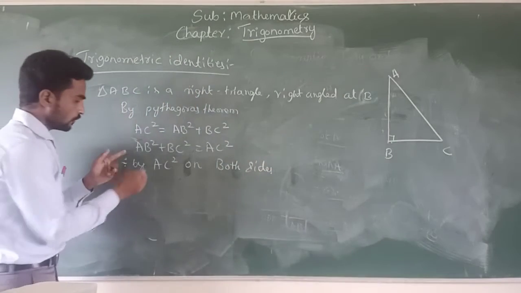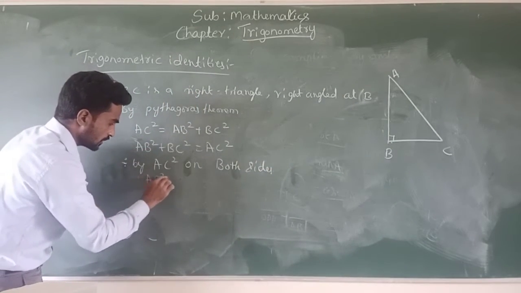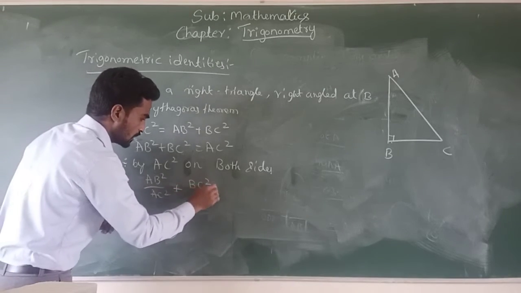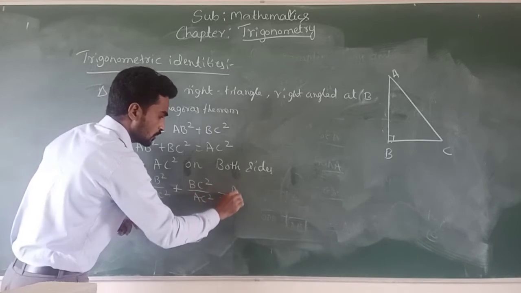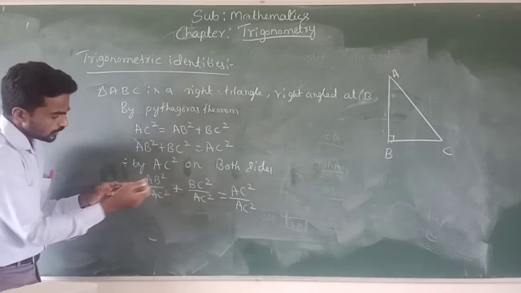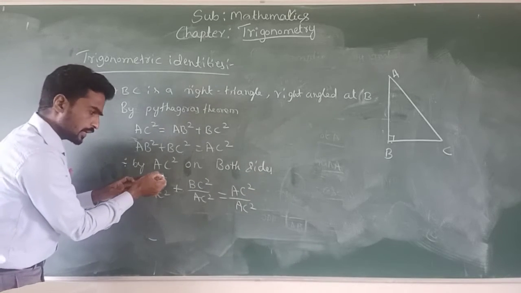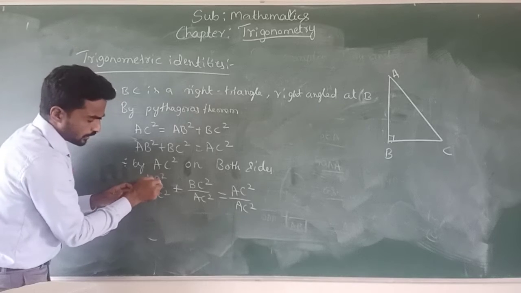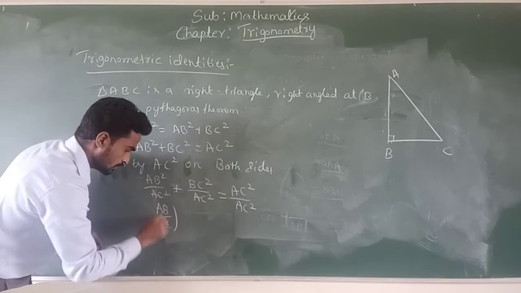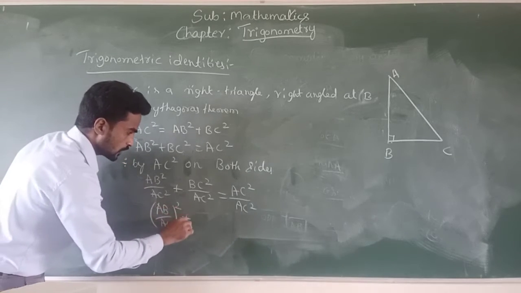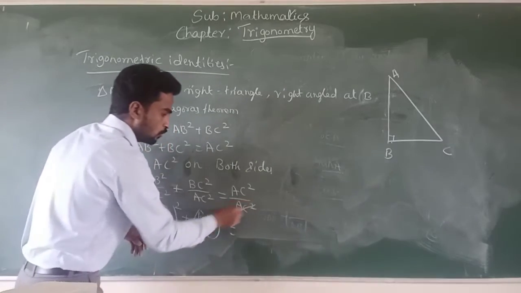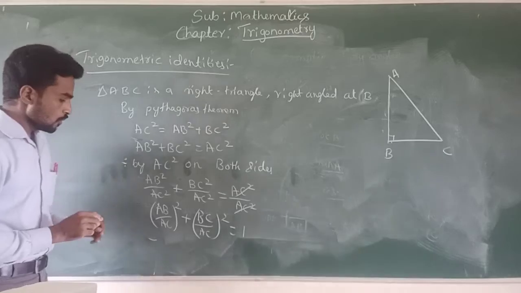We get AB square divided by AC square plus BC square divided by AC square is equal to AC square divided by AC square. Here the denominator also has a square, the numerator also has a square. Then take the square common. Then AB divided by AC whole square plus BC divided by AC whole square is equal to, both will be cancelled out, that is equal to 1.